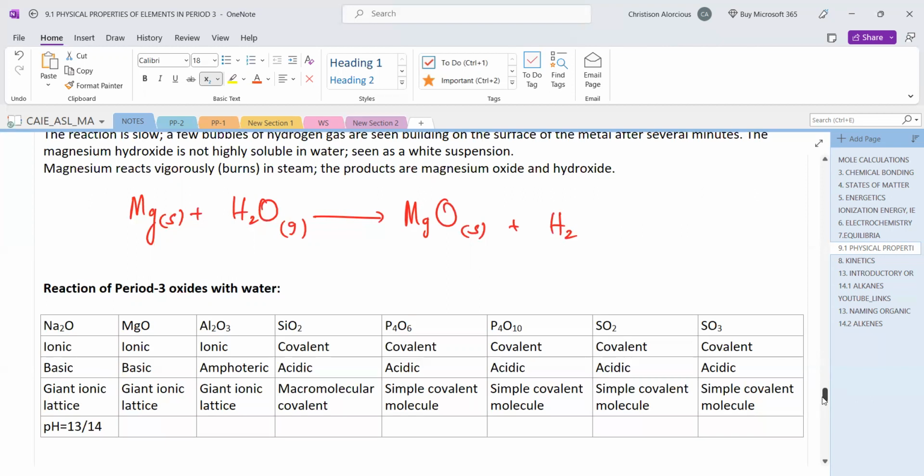Magnesium oxide is basic, but you see that it's a weaker base compared to sodium oxide. Aluminium oxide is basic, but can also act as an acid, hence it is amphoteric. So you find that from sodium oxide, magnesium oxide, to aluminium oxide, they are becoming less ionic and more covalent.